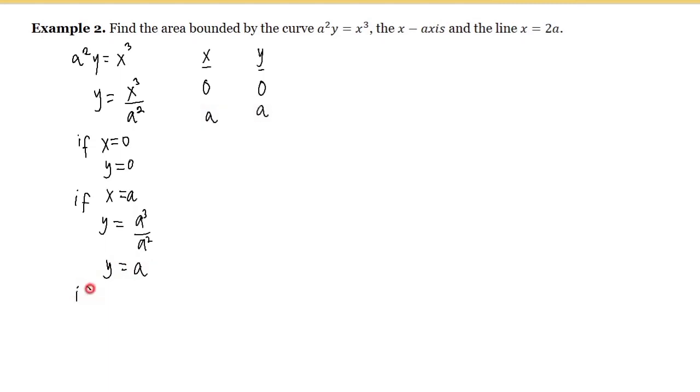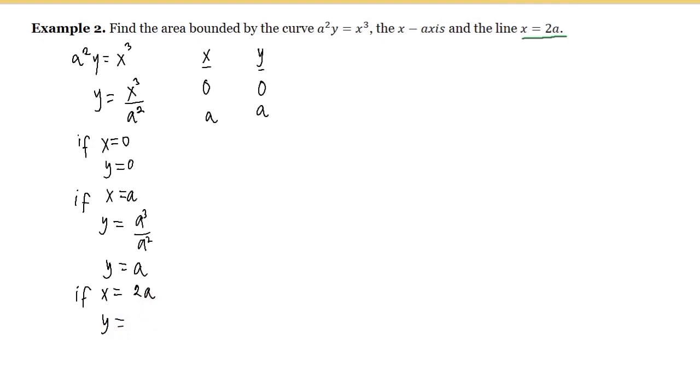And if we let our x is equal to 2a, because that is the location where our boundary is located, we substitute. Then we have 4. Wait, lagay muna natin sa 2.